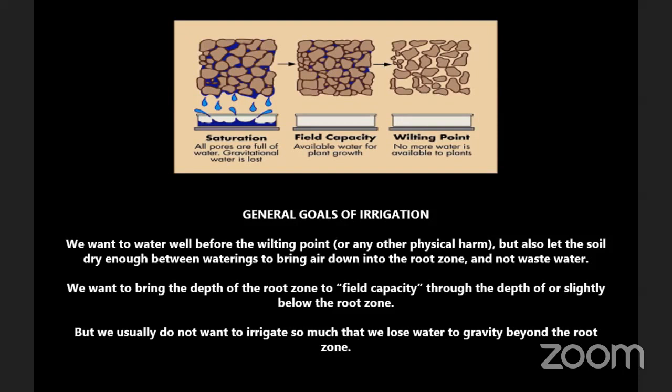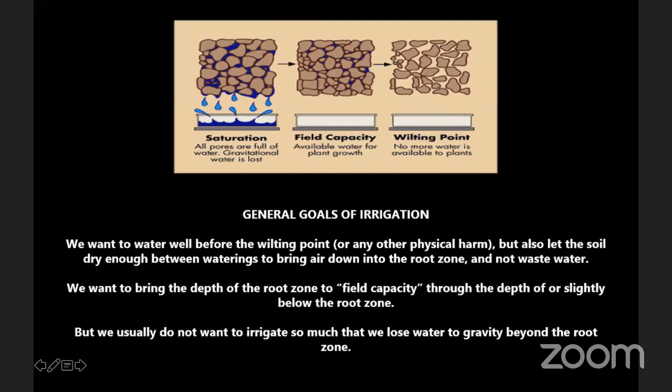And so with this graph on the left, we have saturation. These are our soil particles. So when we irrigate or when it rains, anytime that there's water being delivered to the soil, we have what's called the saturation point, where it's completely filled and then the water is going to move through.